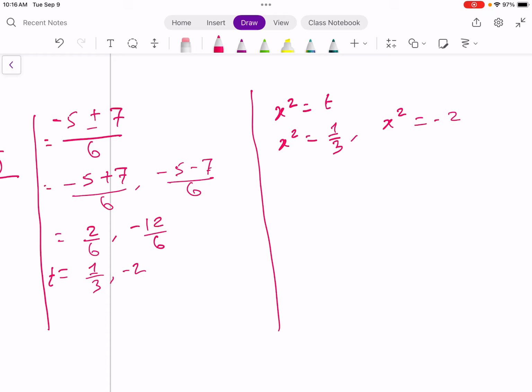We are solving for x. We have to make x by itself, but this x has a square. We need to get rid of this square. When you get rid of the square from x, we get positive or negative square root, and whatever you have on the right side goes under the radical sign. You do the same thing for the next equation: x equals positive or negative square root of negative 2.